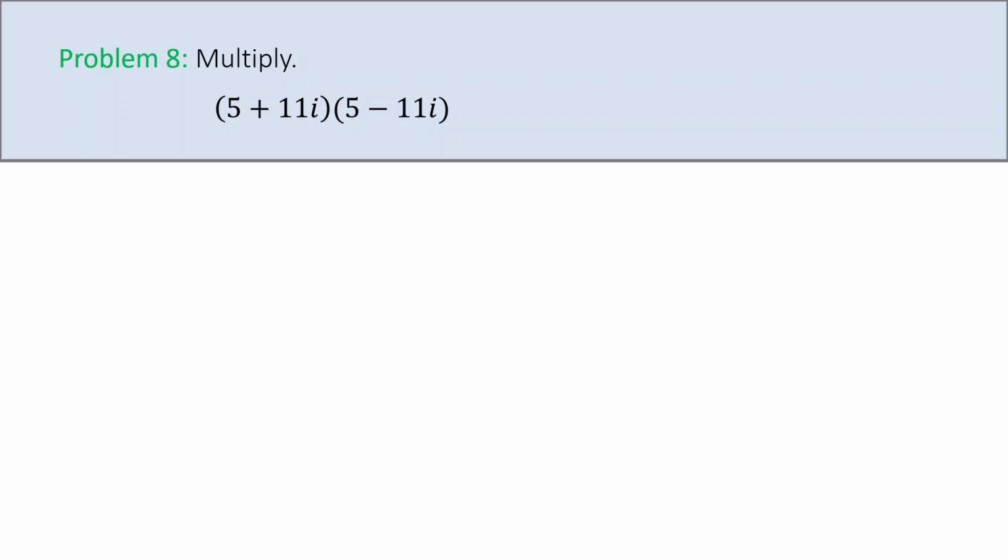Now we are going to do this problem. You need to multiply these two complex numbers. Here you have 5 plus 11i and here 5 minus 11i. So only difference is here plus, here minus. So this is the complex conjugate of this complex number.